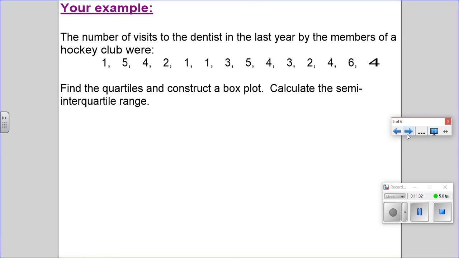Then another example for you to do: the number of visits to the dentist in the last year by the members of a hockey club were as follows. Find the quartiles and construct a box plot, and calculate the semi-interquartile range. And again, clearly, that's not in order, so your first step is going to have to be to rearrange that.